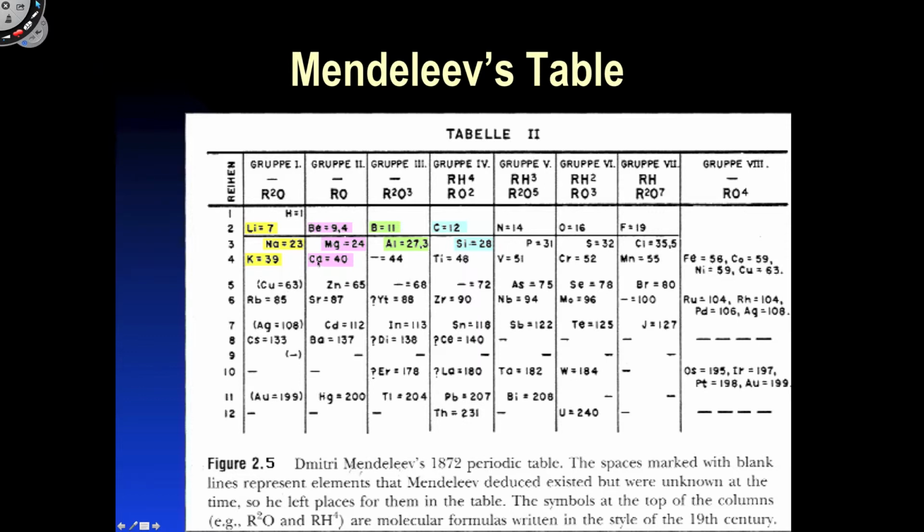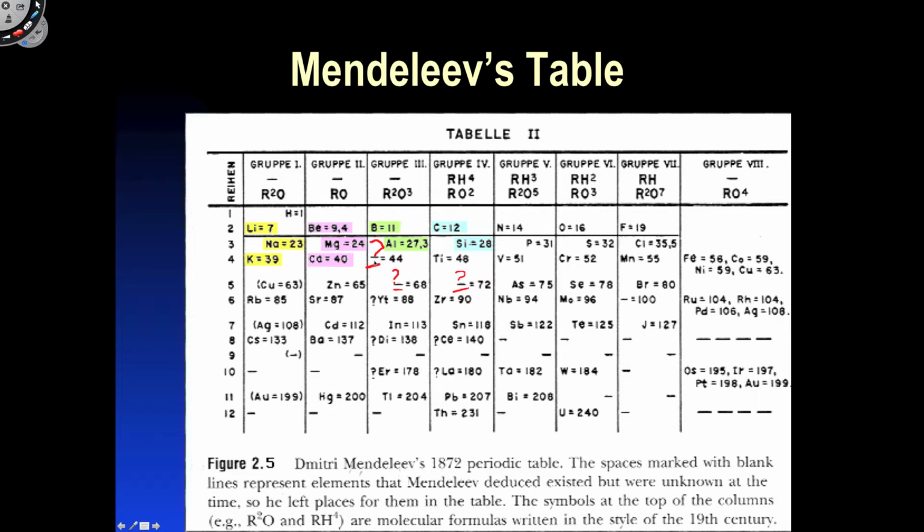But he is really famous more for these areas here. These elements he placed into his table, but at the time, they didn't exist. So he predicted what they might look like, what their densities might be. He predicted that these elements would eventually be discovered and they would fit in these holes that he left.